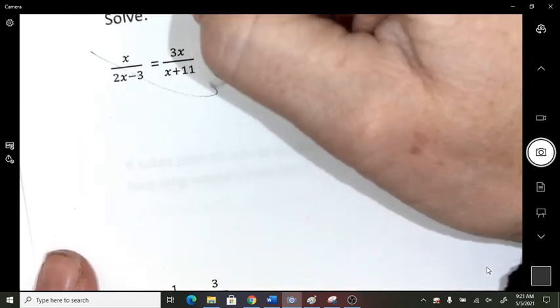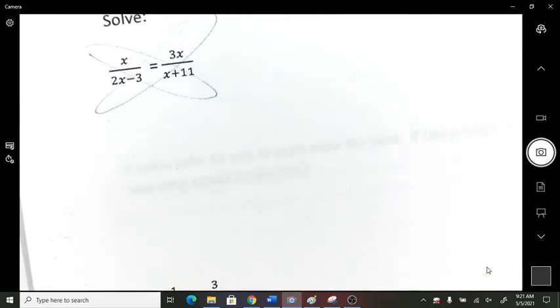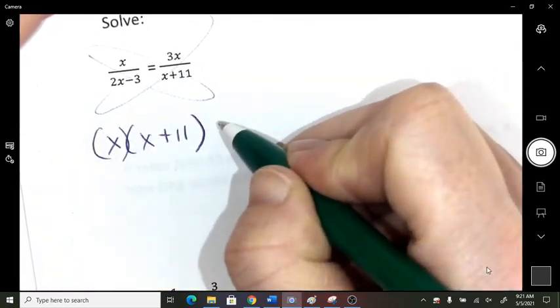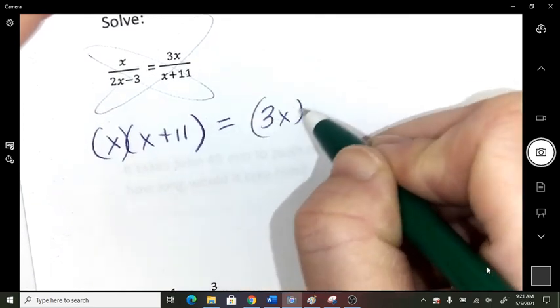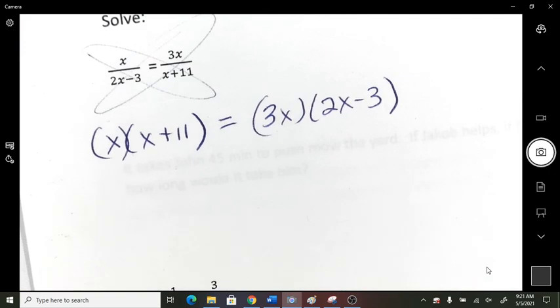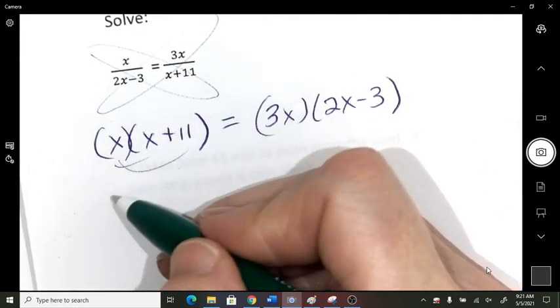Cross multiply. Okay, so x times an x plus 11 is going to equal 3x times a 2x minus 3.